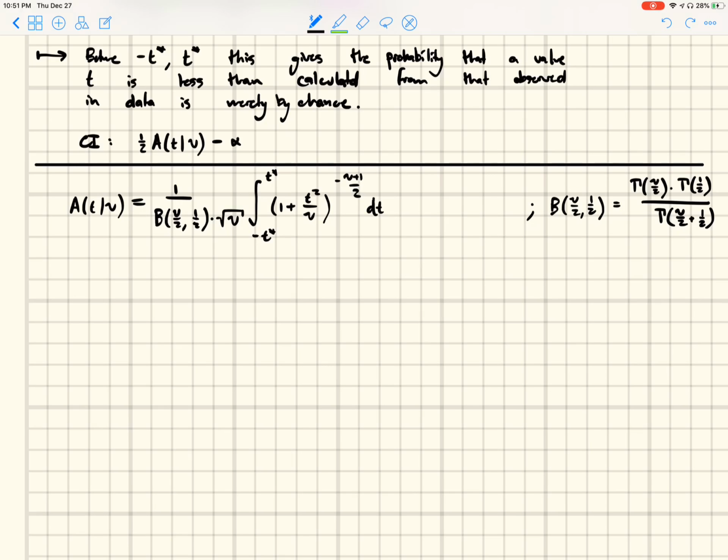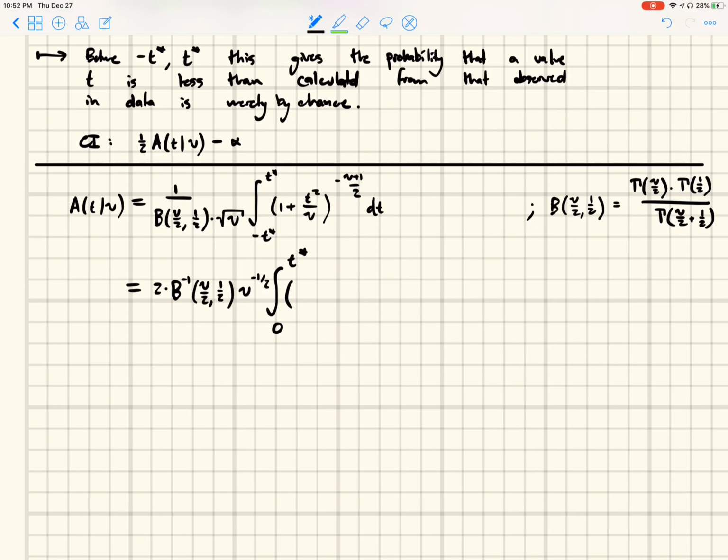So rewriting this, because it's a symmetric distribution, we can go from 0 to t star and just double it, which makes the calculation a bit easier.